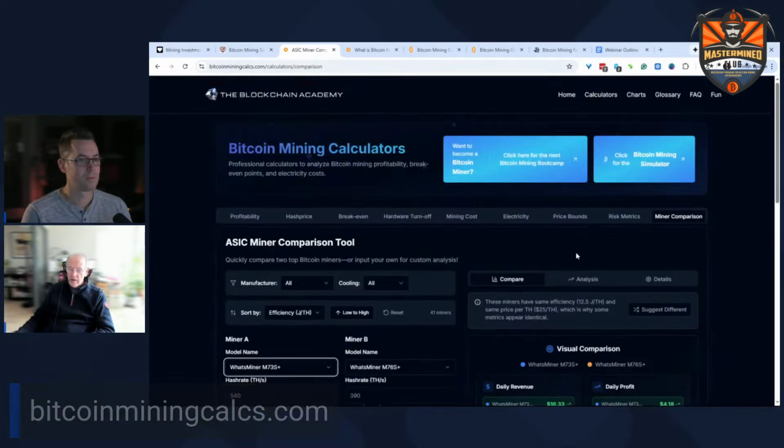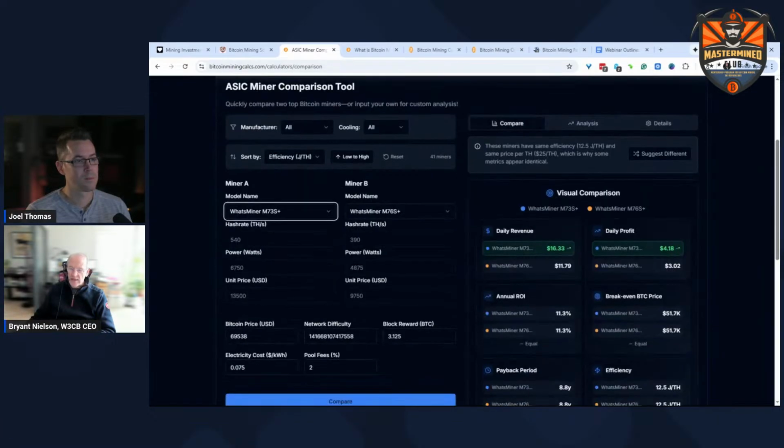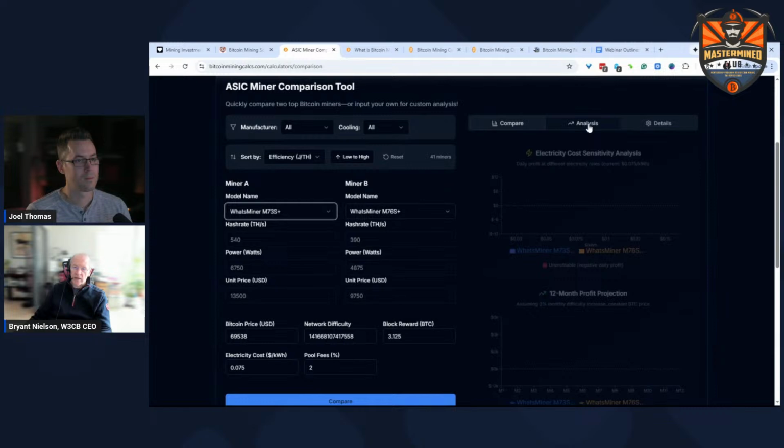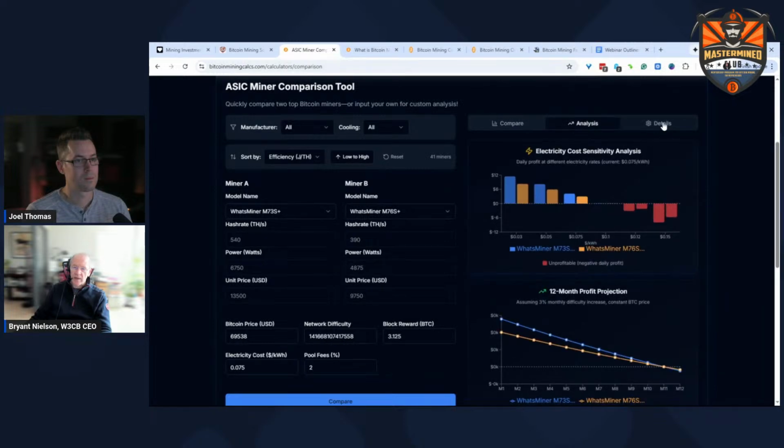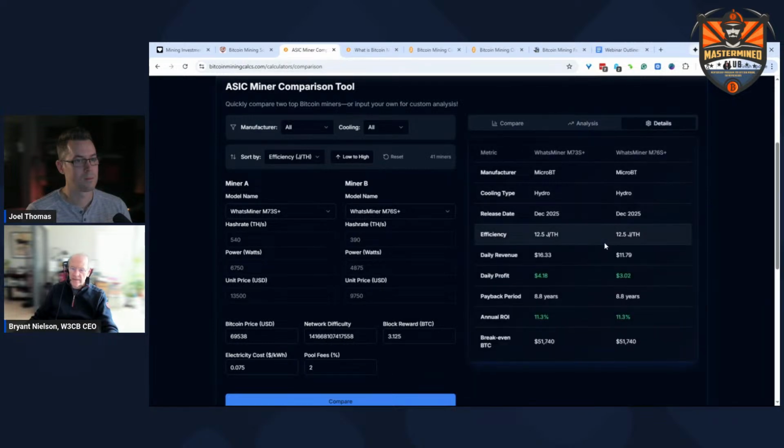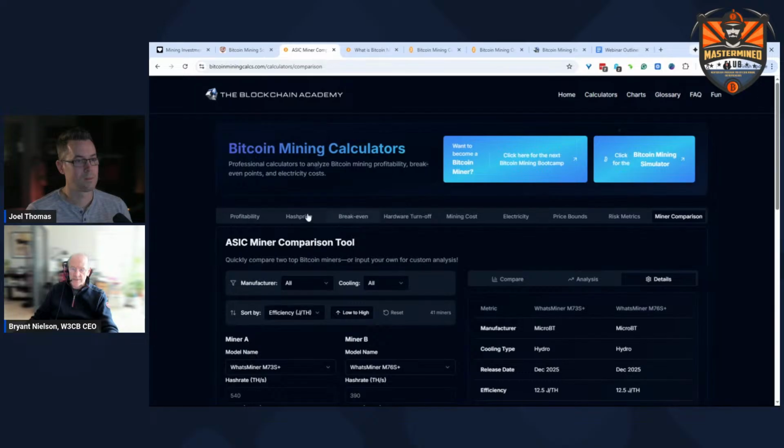You can look at it from a number of different things. All of these calculators have a lot of sophistication behind them. It's not just a direct comparison. You provide analysis, and then it gives you detailed information as to how it works. That makes up what I refer to as the professional calculators.